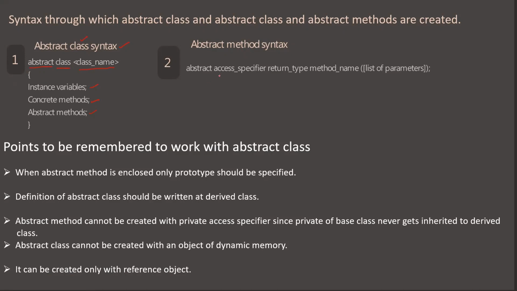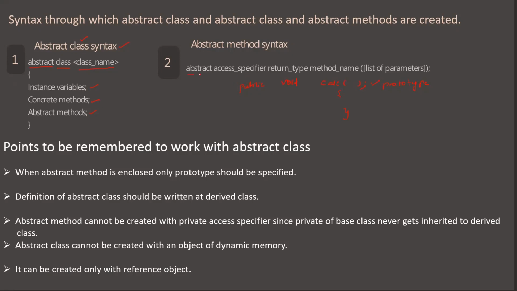The syntax for a method is generally public, which is the access specifier, return type void, method name, let us suppose someCalc, and a list of parameters. These are not mandatory; we can take parameters or not, followed by a semicolon. In an abstract method, only the prototype should be specified, whereas the definition of this function should be written in a derived class. Let us see that with an example in the coming slides.